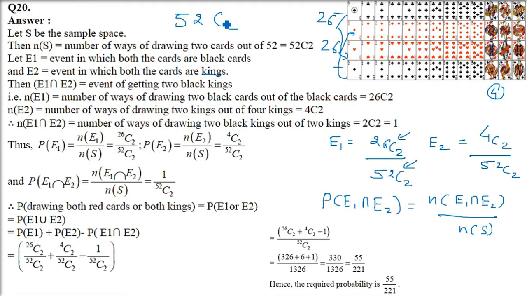So first of all, the denominator will be 52C2 as earlier. Now here is a catch. We are picking up 2 cards, and they are black cards and kings both. There are 2 kings which are black. So there are 2 cards which are black and king also. So you will say we are picking 2.